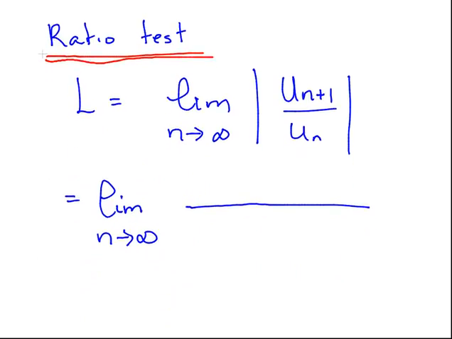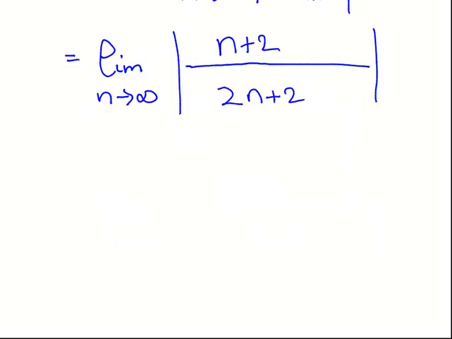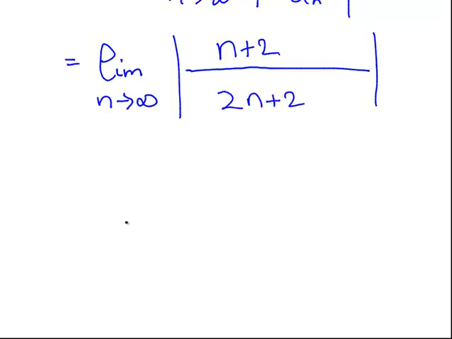Now the ratio test is, we have to calculate this limit L, the limit as n goes to infinity of u of n plus 1 over u of n. And that was equal to n plus 2 over 2n plus 2, the absolute value of that. When we have fractions like that with the limit as n goes to infinity, we can divide by the highest power of n.